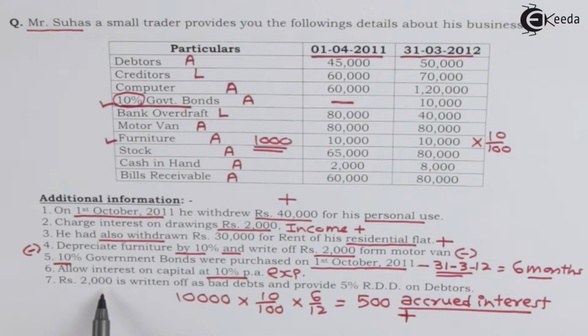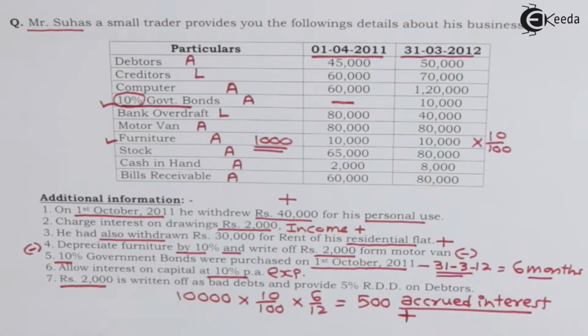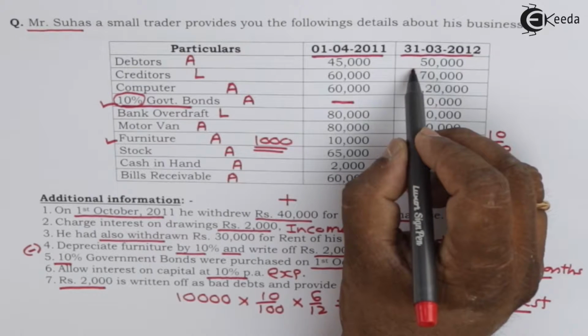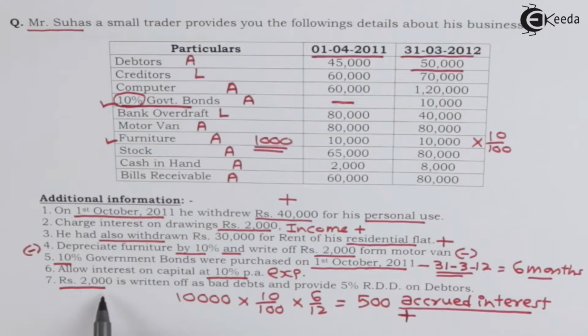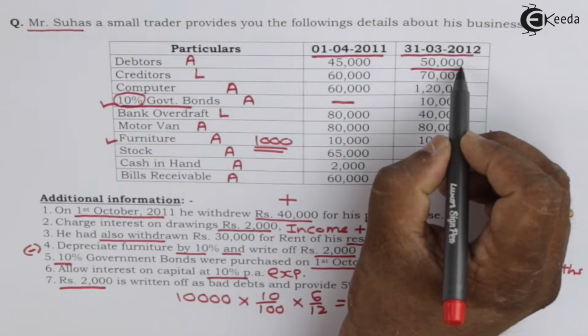Rupees 2,000 is written off as bad debts. Closing debtors are 50,000. New bad debts 2,000 is related to this 50,000.